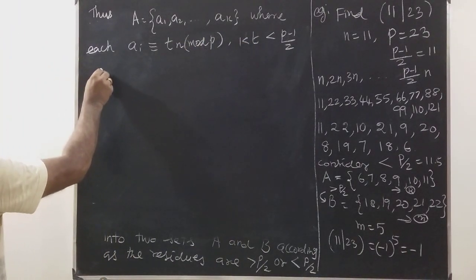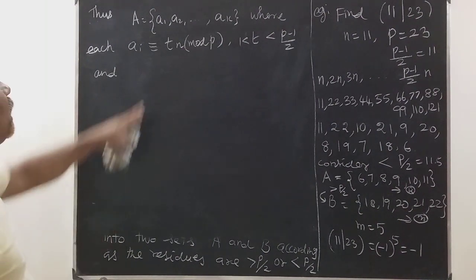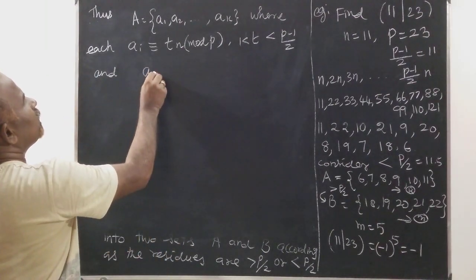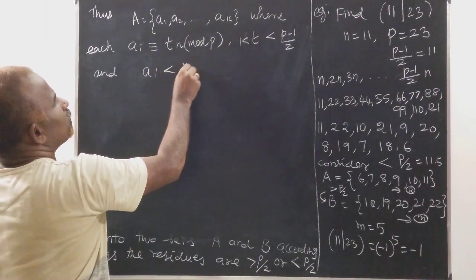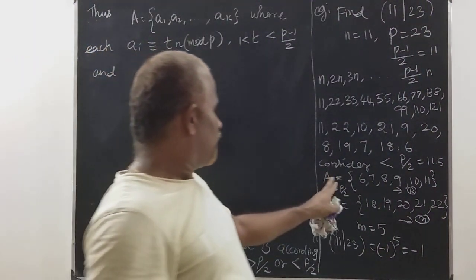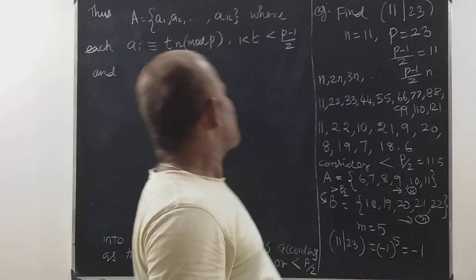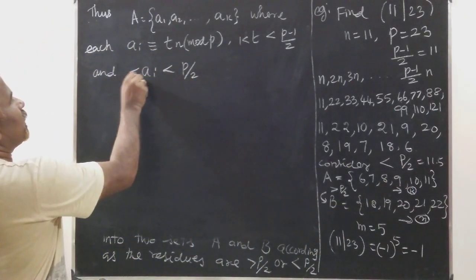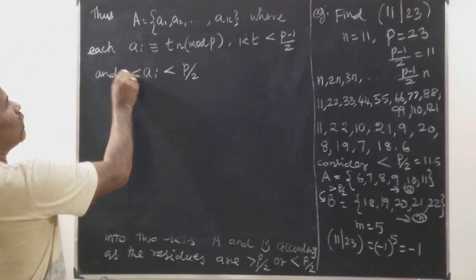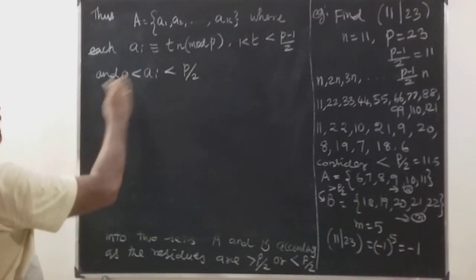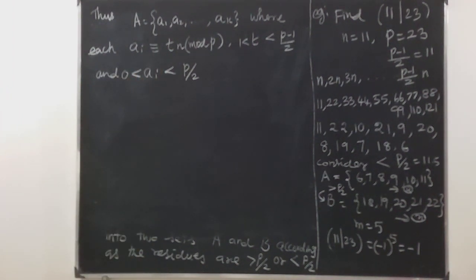And each Ai is less than p by 2 and greater than 0.